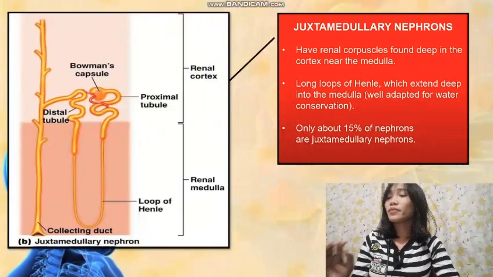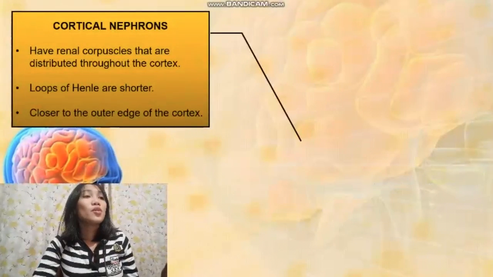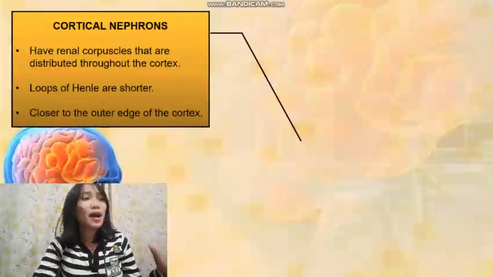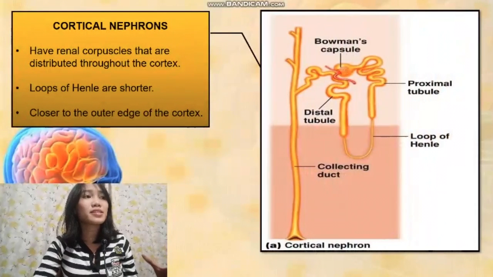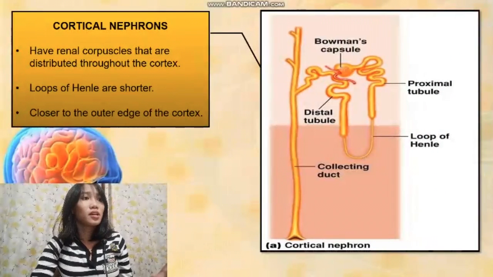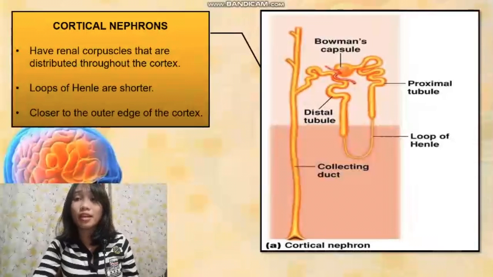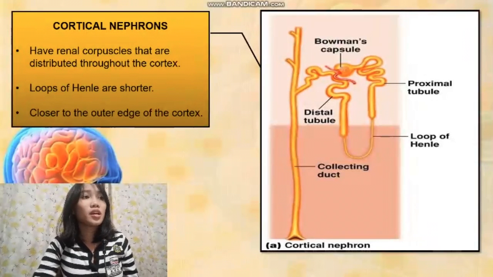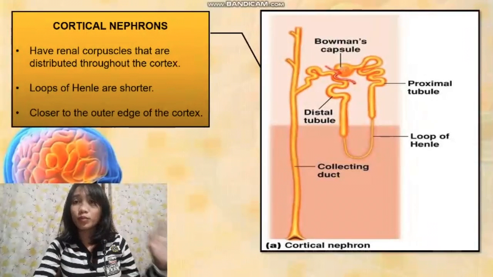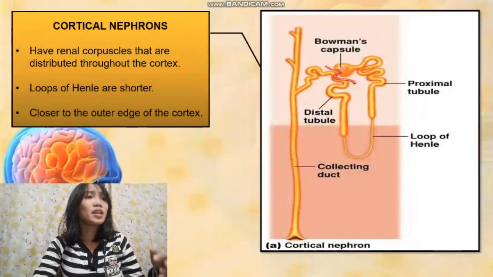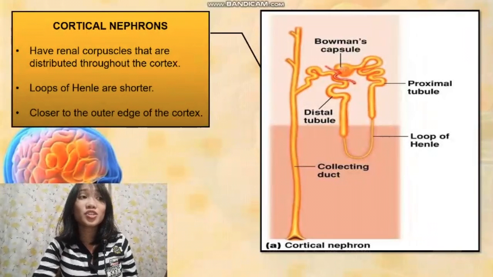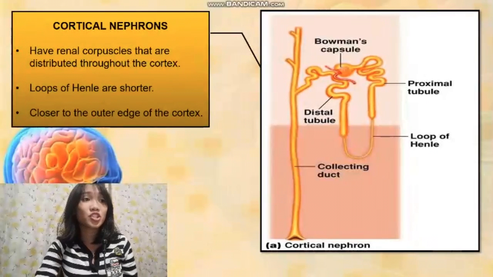The next type of nephron is the cortical nephron, which has renal corpuscles distributed throughout the cortex. The loops of Henle in these cortical nephrons are shorter than in the previous type, and much closer to the outer edge of the cortex.